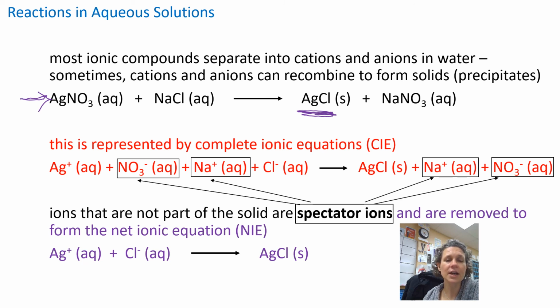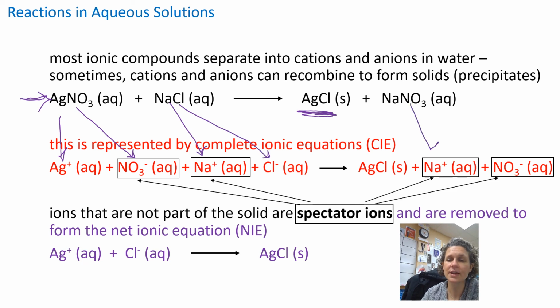These are a lot of times written out in more detail, and you can write out what is called the complete ionic equation, and that is where you take everything that is aqueous and you break it down into its ions, because that's what it's actually doing. So the silver nitrate breaks down into the silver ion and the nitrate. The sodium chloride breaks down into the sodium and the chloride.